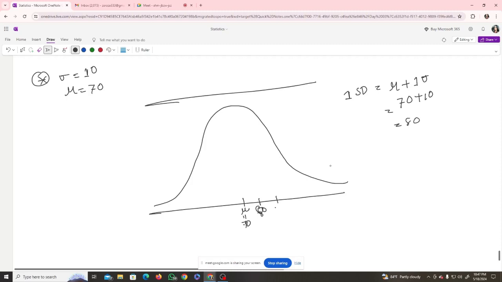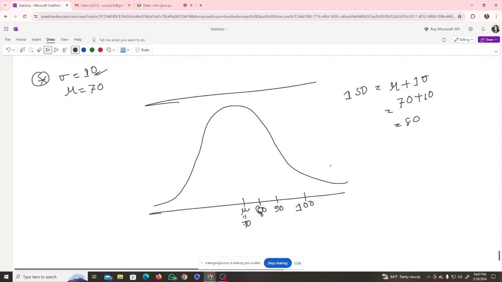So this is how we get the values. Then two standard deviations to the right we will have 90, and three standard deviations to the right we will have 100. It is increasing by 10.